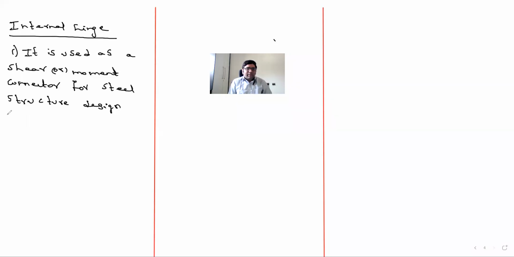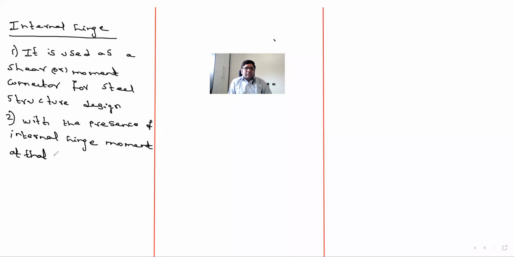Next, second point is with the presence of internal hinge, moment at that point is equal to 0.